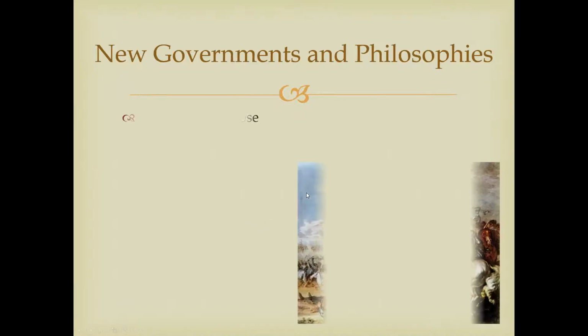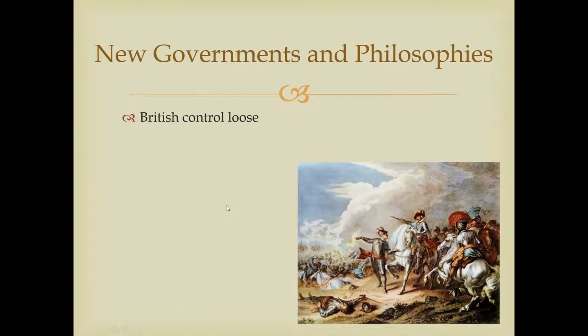The reason why you start seeing the split between the American colonies and England starts with the British having very loose control over the colonies. They let the colonies operate on their own. Remember, they sent over the undesirables. They didn't really spend a lot of time trying to set these colonies up.